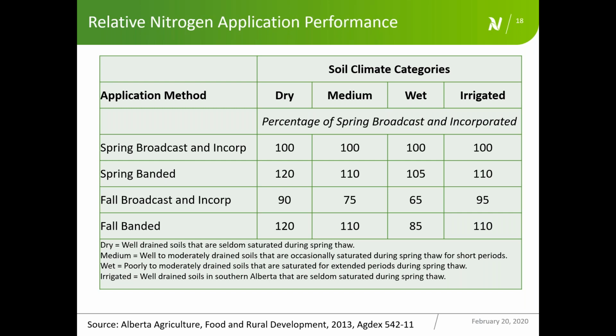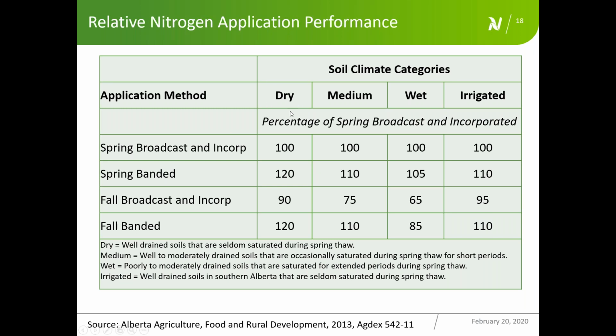It's basically a summary of lots of data that's been collected in the prairies, giving some typical relative performance values for spring and fall applications, broadcast and banded, in some of the different environments. So in this table, the spring broadcast and incorporated application is given a rating of 100%, and then the other applications are compared to that.